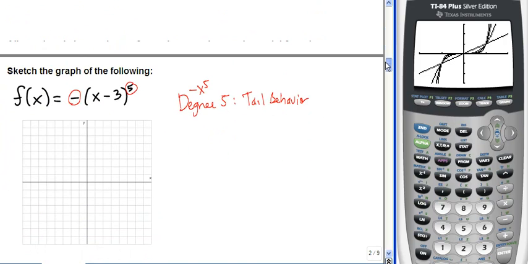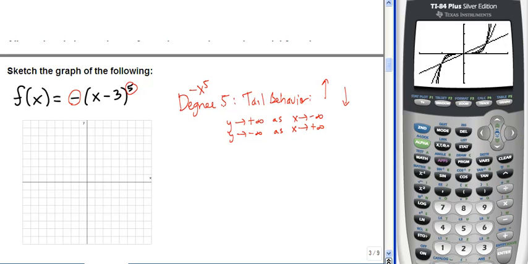So the negative x to the 5th tells me that the tail behavior should be up on the left and down on the right. And if you wanted to be fancy about it, you could say that the y's go to positive infinity on the left as x goes to minus infinity, and the y's go to minus infinity on the right as x goes to positive infinity. So that's what these arrows represent. What else do we know about this graph?